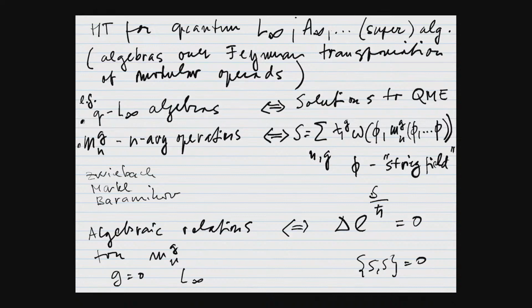Essentially, everything which comes as an algebra over a Feynman transform of a modular operad. But if you haven't heard these words or are not familiar with them, it doesn't really matter.